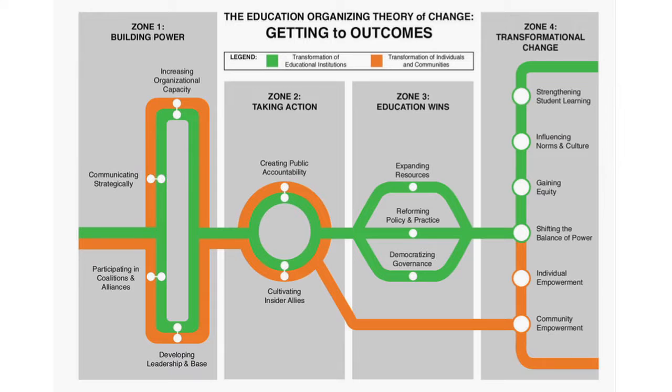Even though the lines end at the right-hand side of the page, you should think of them as coming back around to the beginning and recalibrating things, so that with each subsequent campaign, hopefully you're starting on a stronger basis. That's the way the theory of change works.